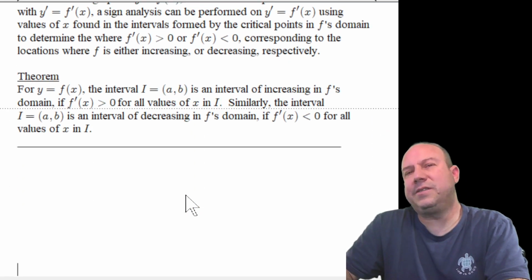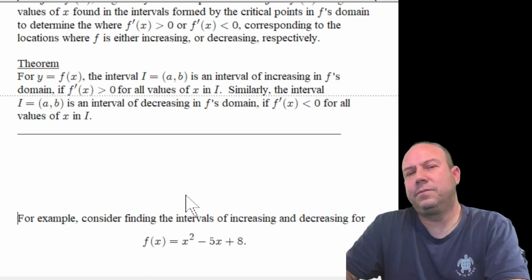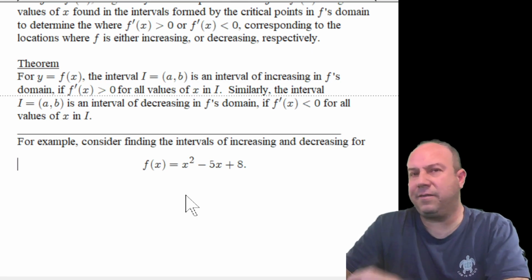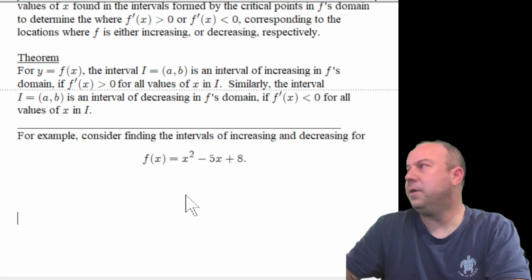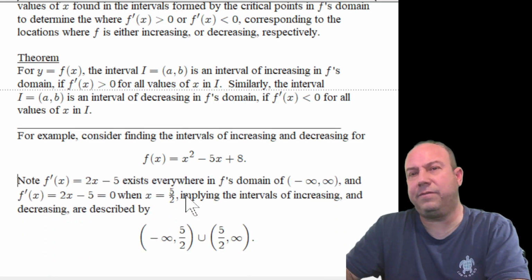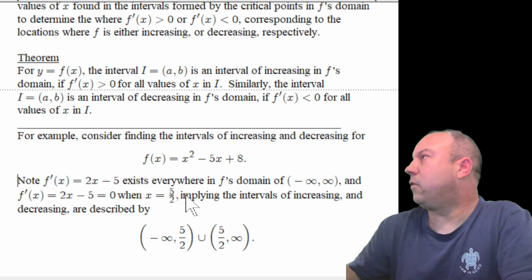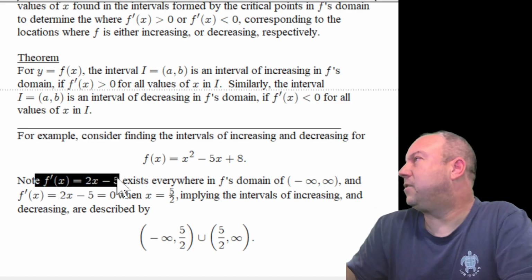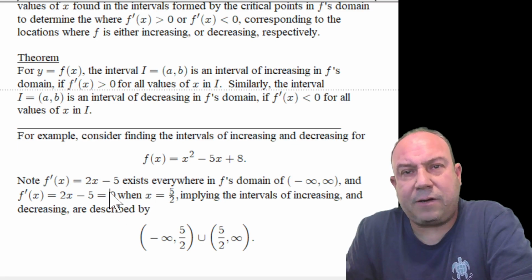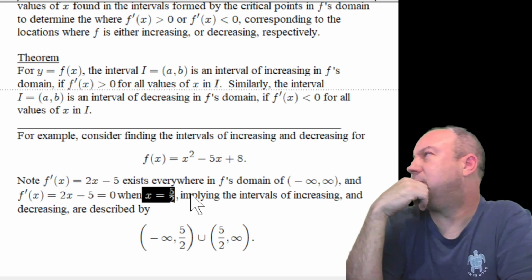So if we look at an example, we could just analyze the sign of the first derivative. And if we consider this quadratic seen here, x squared minus 5x plus 8, if we look at its first derivative, f prime of x is 2x minus 5. And if we solve for the critical point there, setting that equal to 0, that is equal to 5 halves.